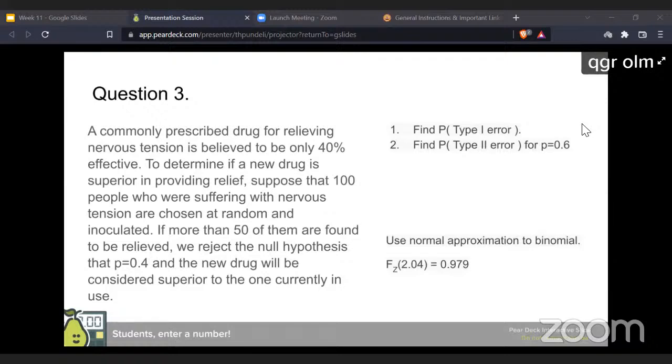Okay, so if the critical value comes out to be 45, and if the sample mean x bar observed is 0.5, and the critical value comes out to be 0.45, this is the question.